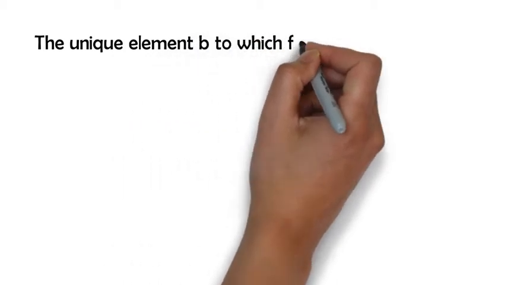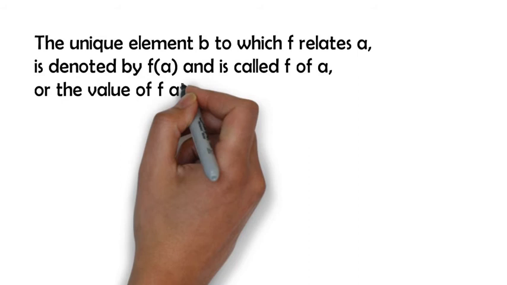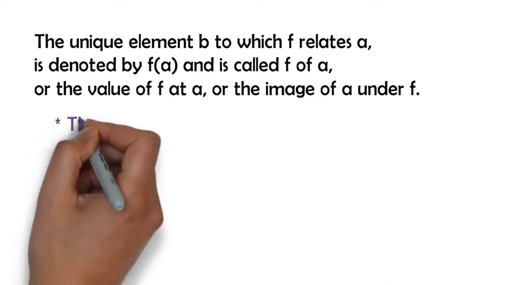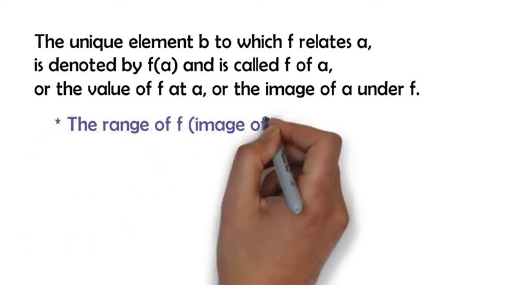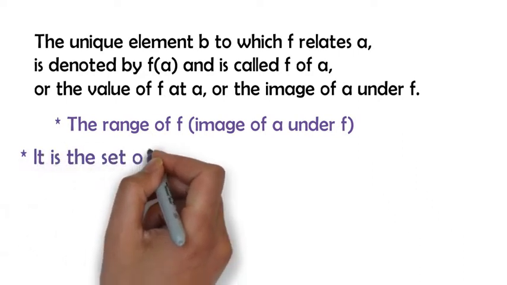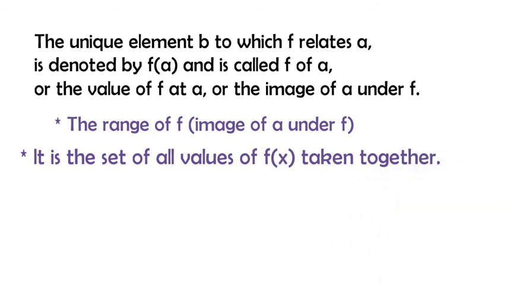The unique element b to which f relates a is denoted by f of a and is called f of a, or the value of f at a, or the image under f. The range of f, the image of A under f, is also called the set of all values of f of a taken together.